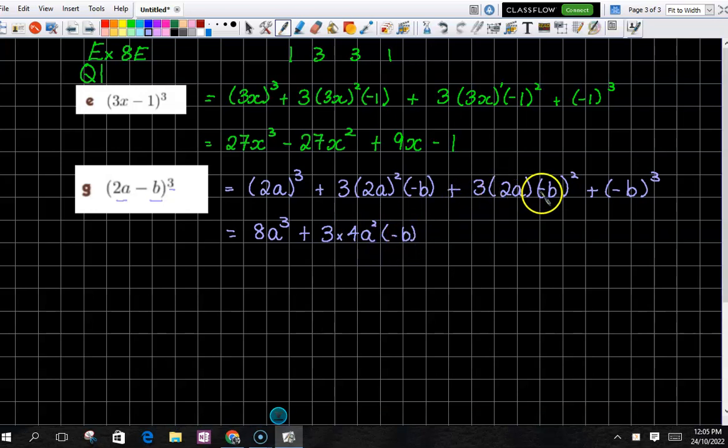Positive times a negative, so that's going to be, but negative squared is still positive, so that's just plus 6ab minus b cubed. And I'll just tidy up that middle term. So a cubed. Right, what's going on here? A positive times a negative is a negative. 3 4s are 12. a squared b plus 6ab minus b cubed.